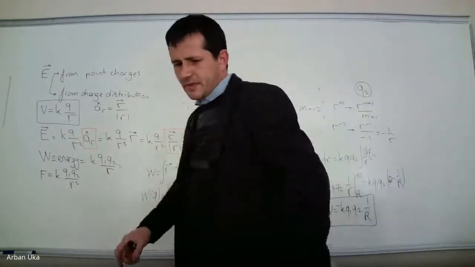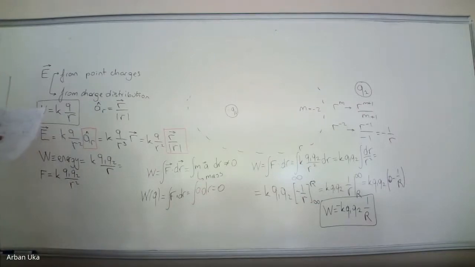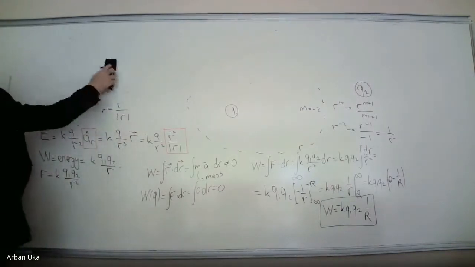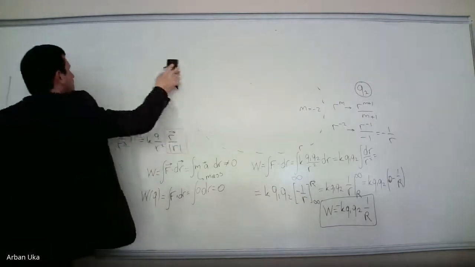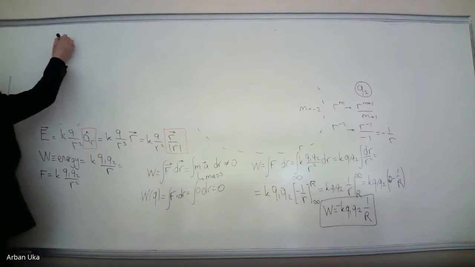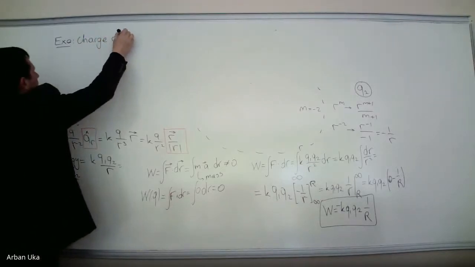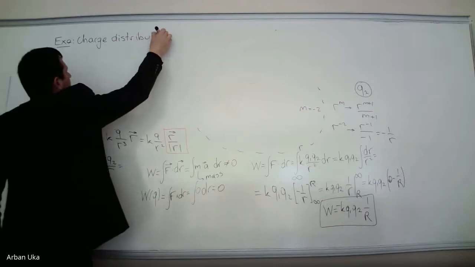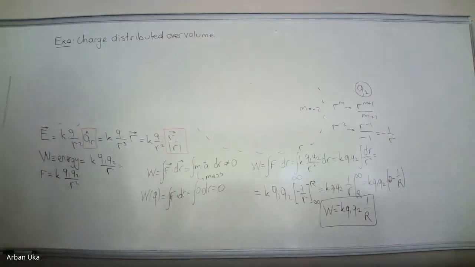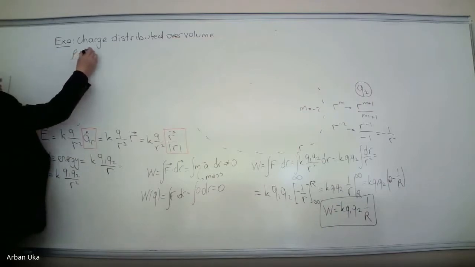And let's consider a case where we have a charge which is distributed over a certain volume, and the charge density rho is equal to alpha 0.